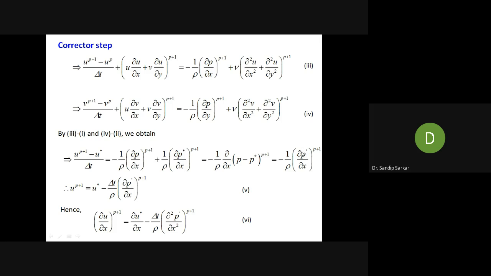Once P prime is closer to 0, then you have P equal to P star. Is that clear? Okay, sir. That means the P star will converge to P. Exactly, P star will converge to P. Your P prime is the correction that you will require to the P star to obtain an actual pressure P.